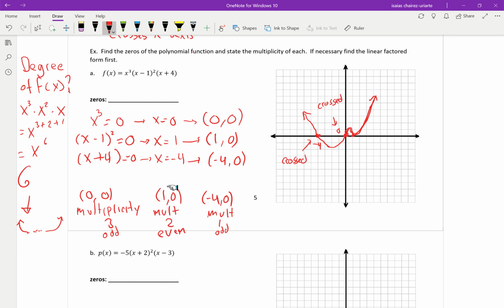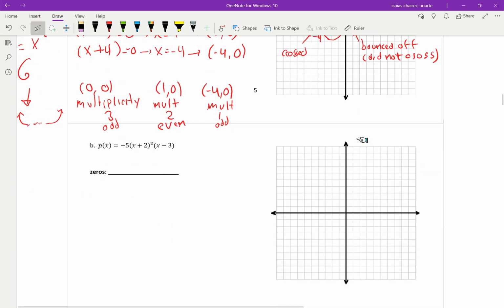And over here at 1, we just bounced off and did not cross. This is a horrible little sketch, but it captures the general idea of the polynomial. All right, so let's move on to the next one.